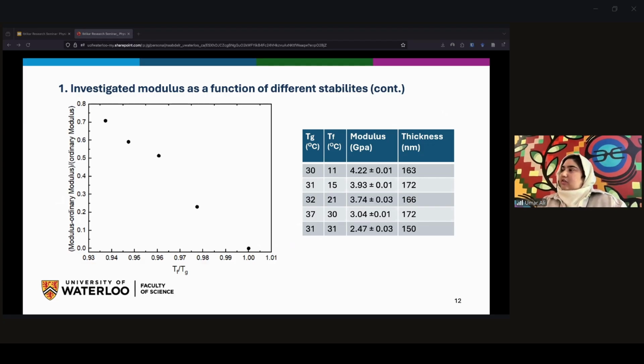I made the TF and TG for the freshly made sample, and for instance the difference between that is 10 Kelvin. Now after some time, or after a few days, or with the temperature, I'm again going to measure the TF and TG for the other film I had of the same sample. Now we will see that the difference between them will decrease. And that's how we know that it has physically aged.